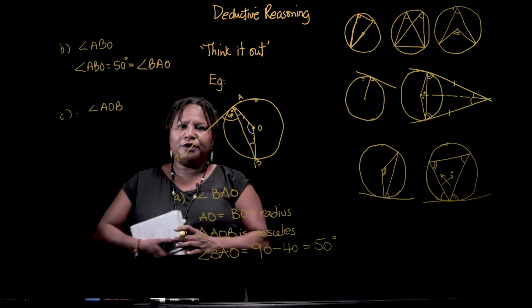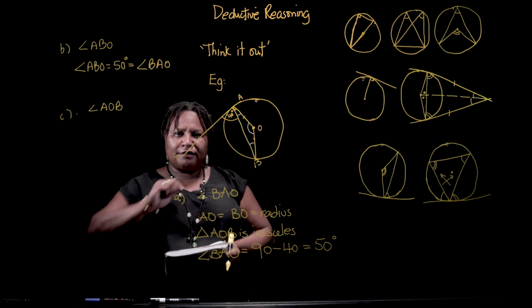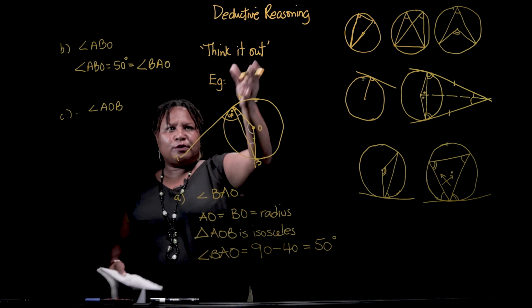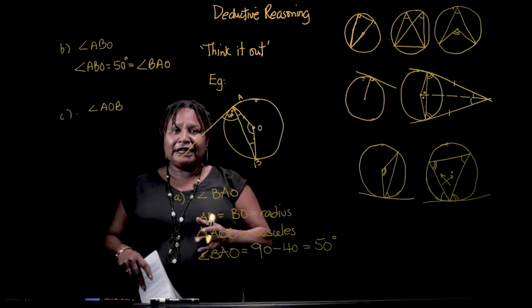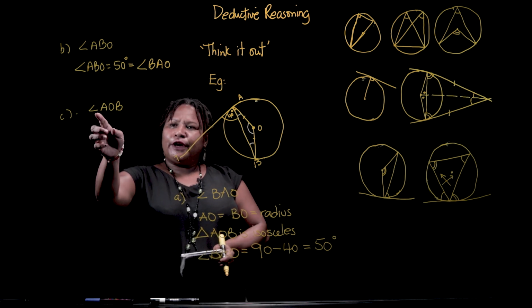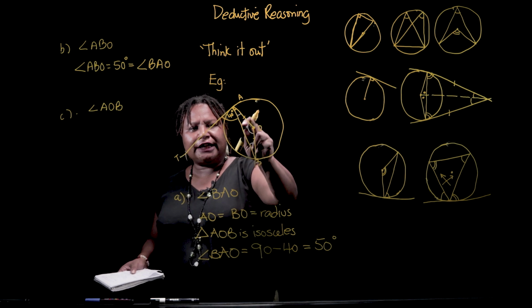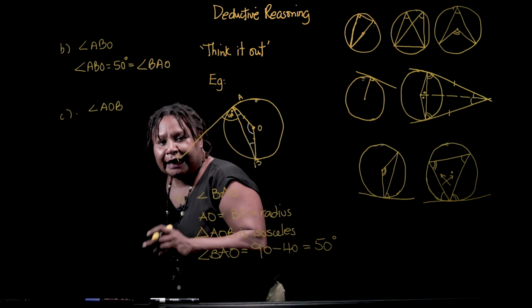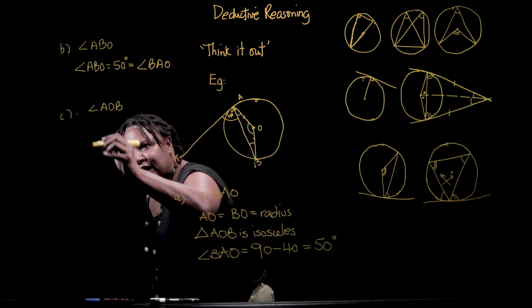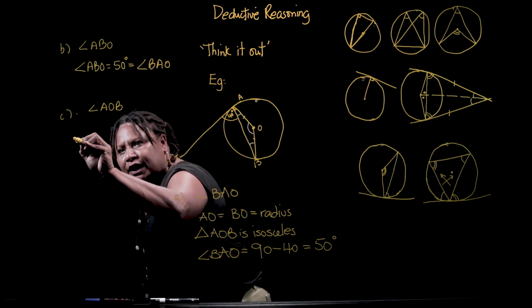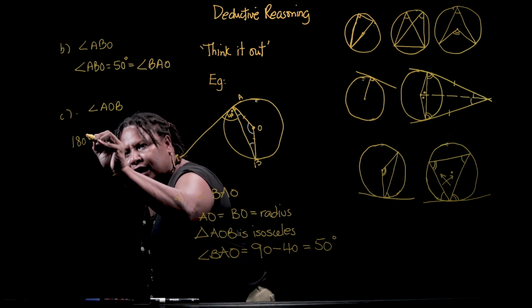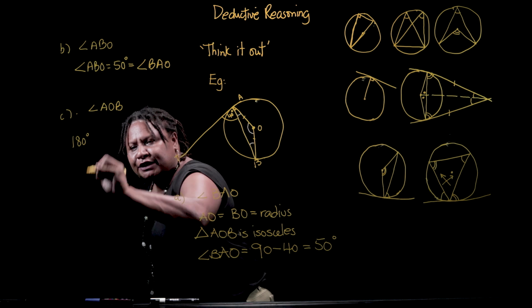So we found the second angle without even working out anything. That's what we mean when we say thinking it out. So angle AOB, which is the angle at the center of the circle, can be found easily by applying the angle sum of a triangle, which is 180 degrees.